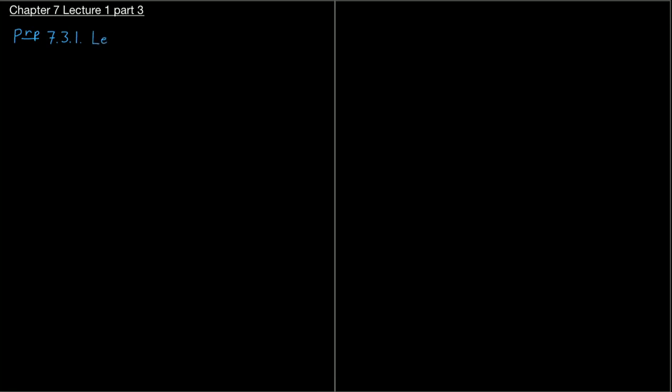So how does this proposition work? This says if you've got a function defined on a rectangle, and I think I'm going to take it as a given from now on that if I write a rectangle like this, I mean that A is less than B, C is less than D. So we've got a function on this rectangle that is continuous.